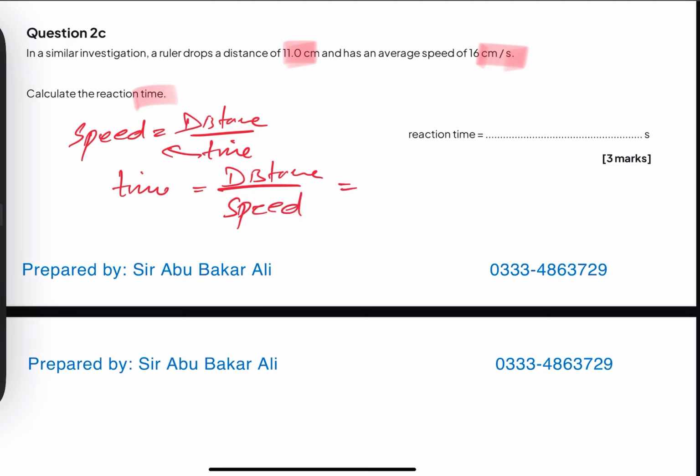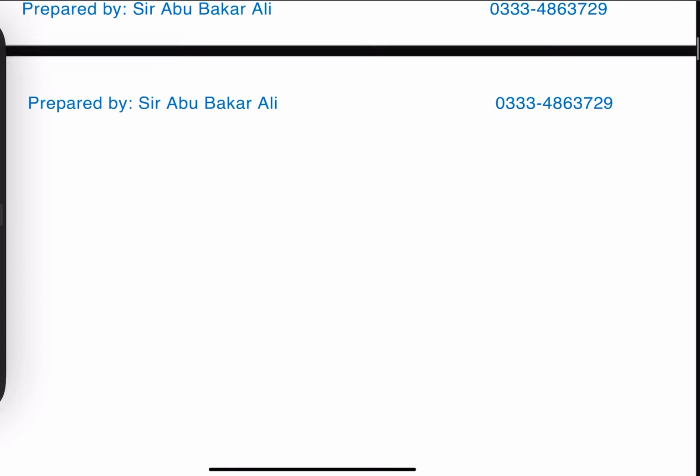Distance is 11 centimeter and speed is 16 centimeter per second. We don't need to convert centimeters into meters because both values are given in centimeters. They will cancel out with each other automatically. So 11 divided by 16 will give you 0.69 seconds. So 0.69 second is the answer. Units are given.